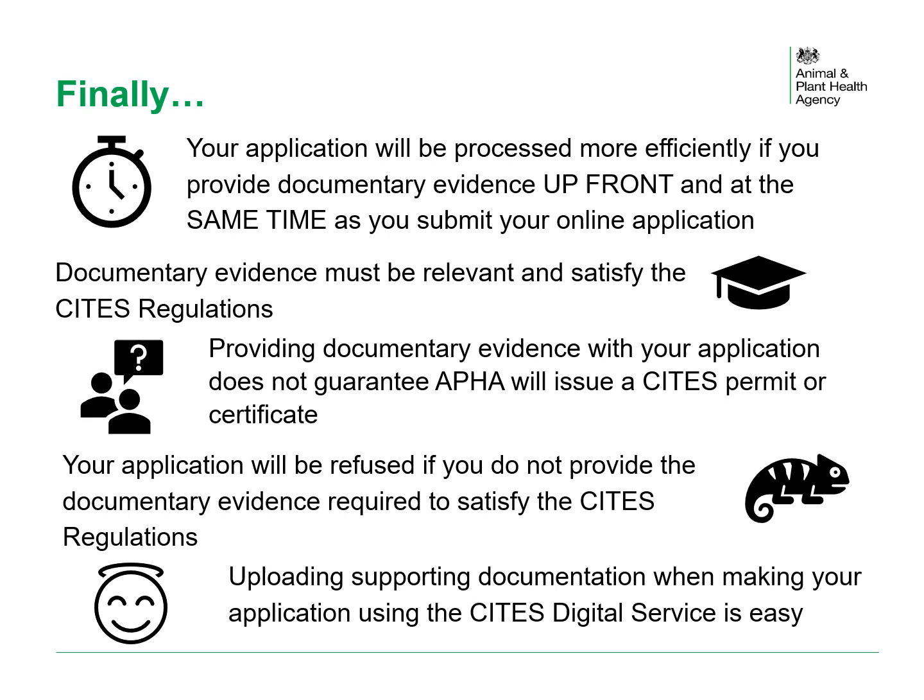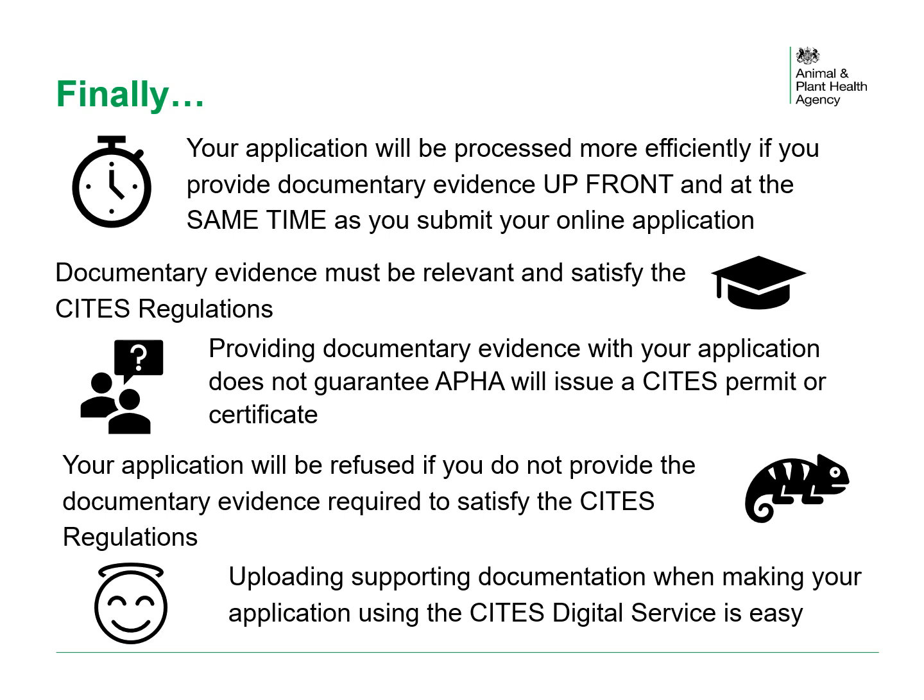Remember, your CITES application will be processed more efficiently if you provide documentary evidence up front and at the same time as you submit your online application. The documentary evidence you provide must be relevant to the application you have submitted, and it must satisfy the CITES regulations.